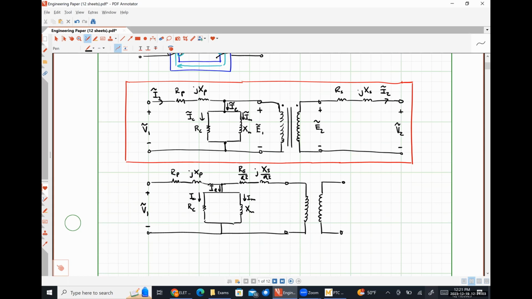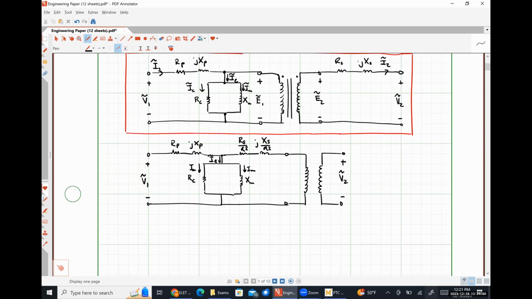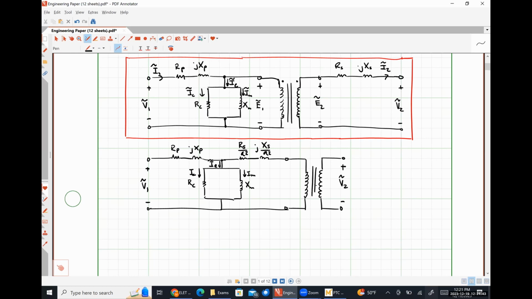Since our impedance has been reflected over, right? So that R S in series with jX S has been moved to the primary side. We now just have an ideal transformer over here on the right-hand side without any impedances to really worry about. So if this voltage right here is V2, it's going to be the exact same thing as our induced voltage, right? So I can literally just call that V2 without any loss of information.